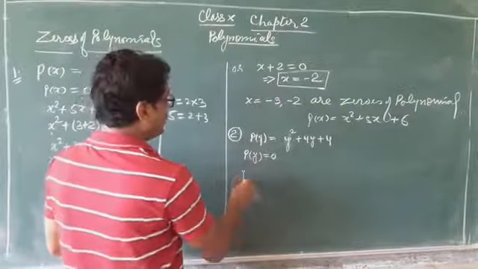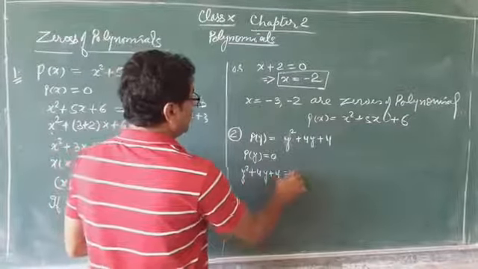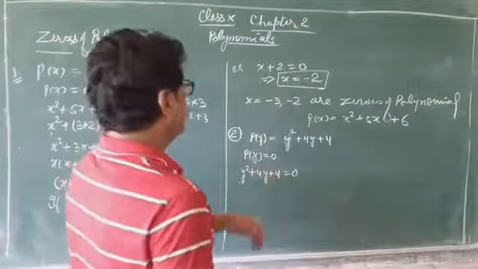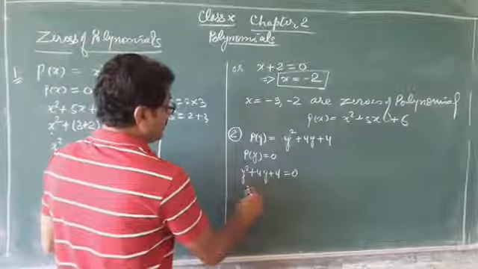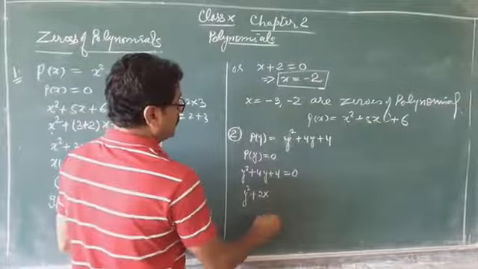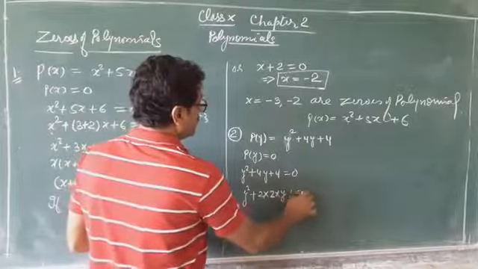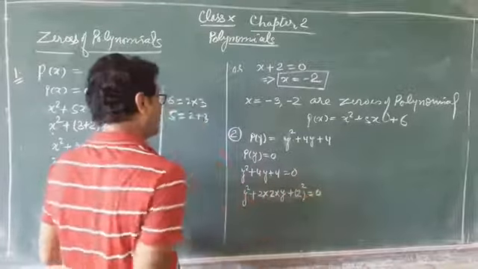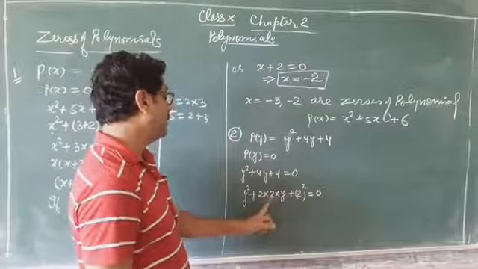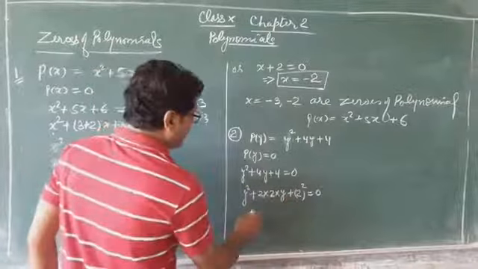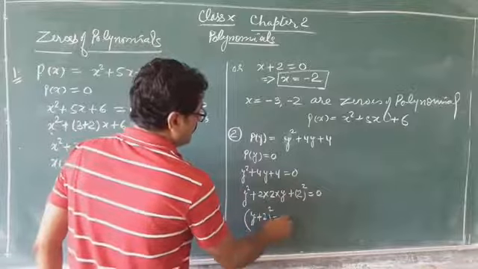So it becomes y square plus 4y plus 4 is equal to 0. By the split method, or we can see that y square plus 2 into 2 into y plus 2 square. So this is a square plus b square plus 2ab. So we can write it as y plus 2 whole square is equal to 0.